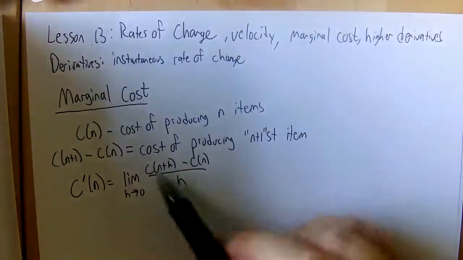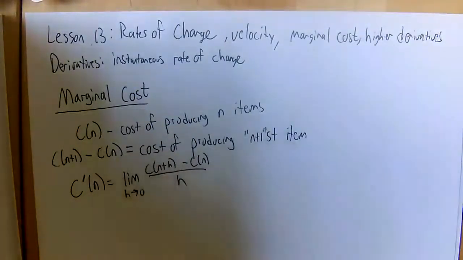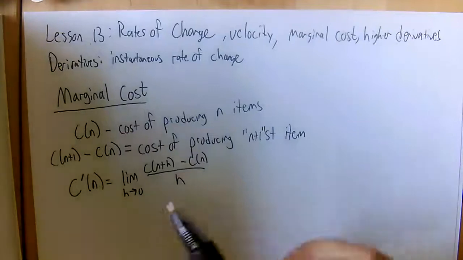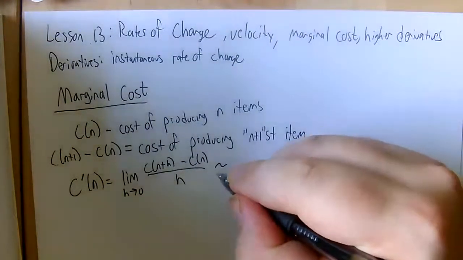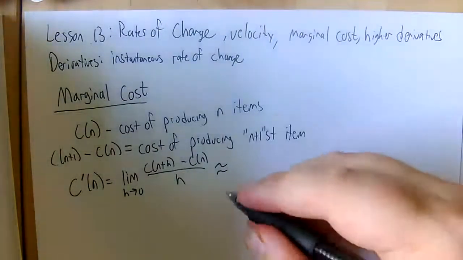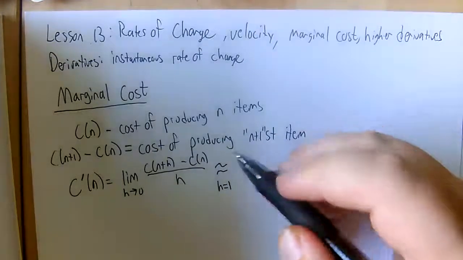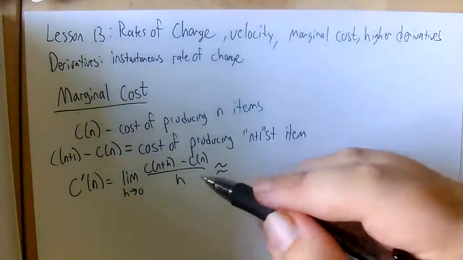But the thing is that usually in the real world, we can only produce discrete or whole numbers of items. So we can't quite send h to 0, but we can at least send h to 1. Rather than sending it to 0, we're at least going to send h to 1.